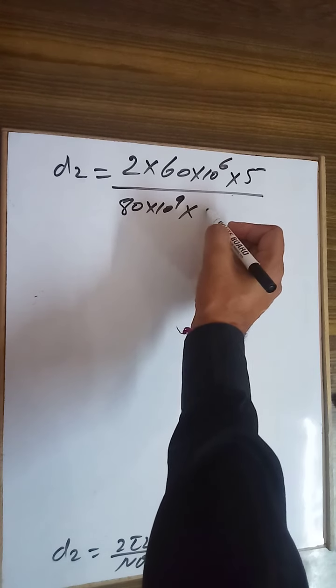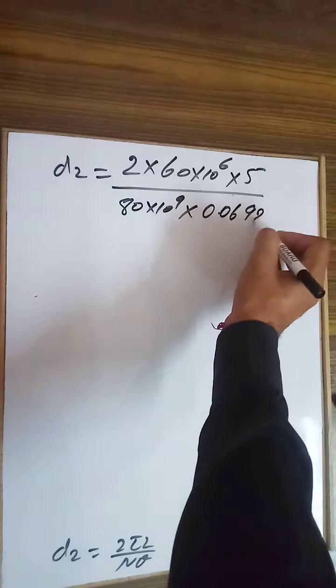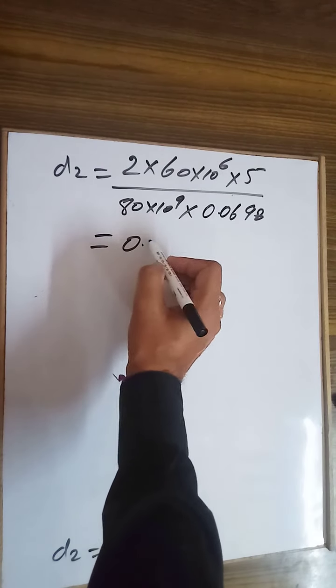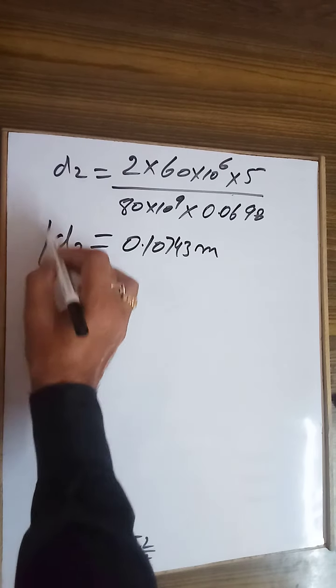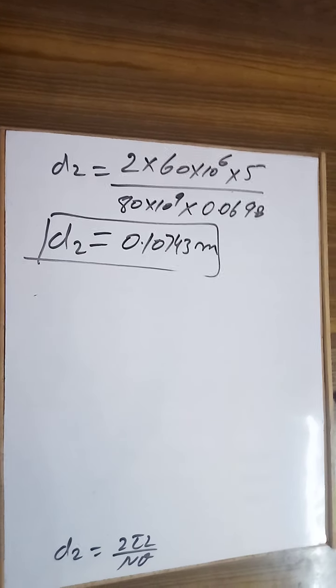In radians we have converted it, so it is 0.0698. On solving this you will get the result, that will be 0.10743 meter. So this is your D2. So the value of D2 we have found like this.